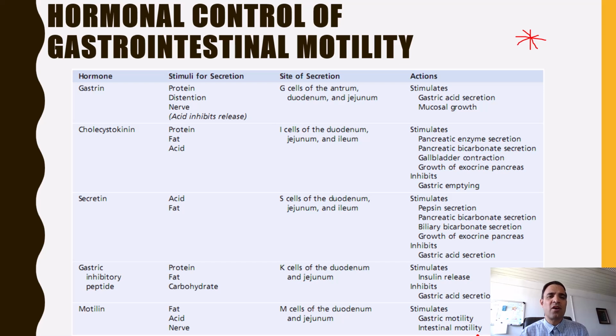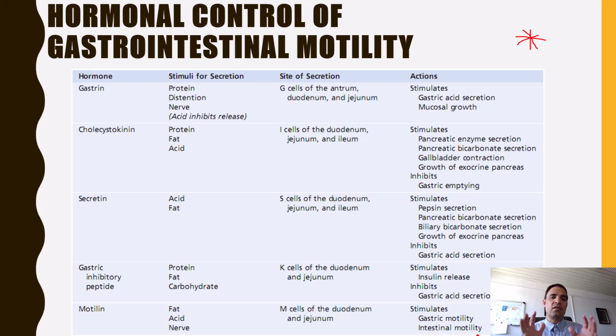The time of this file is a little long, therefore let me finish this part here, and then in the next part we will discuss the motility of the GI system and how motility is seen in the different parts of the GI system, and we will go on.